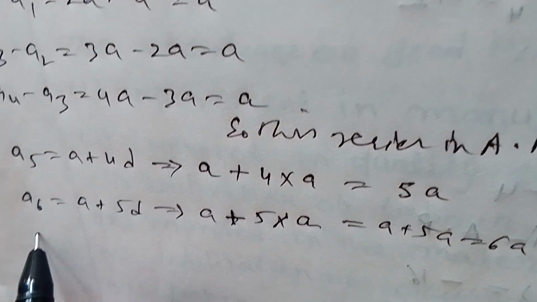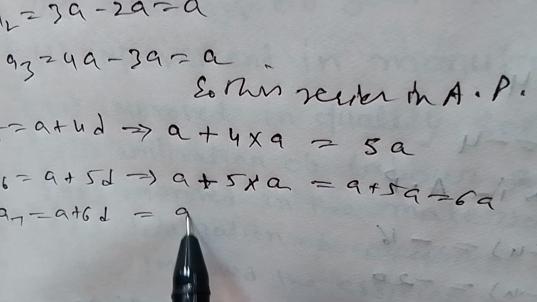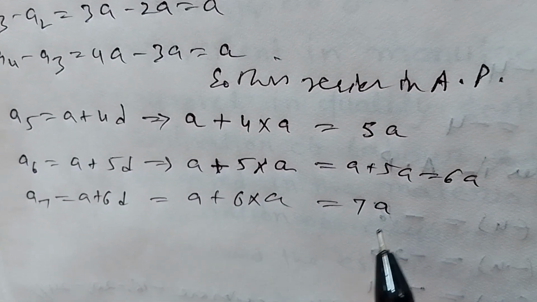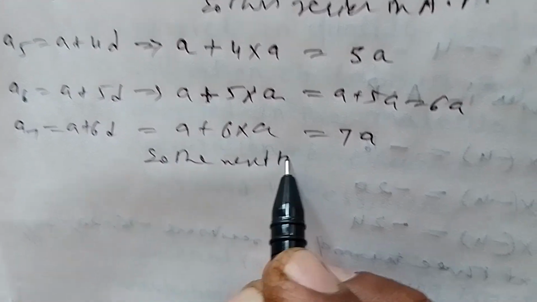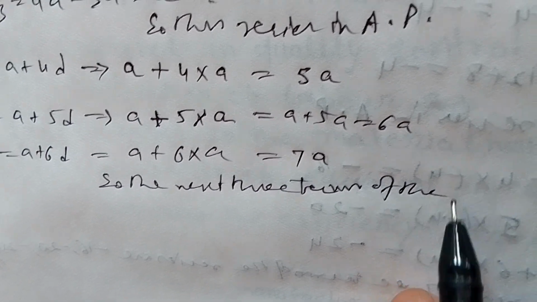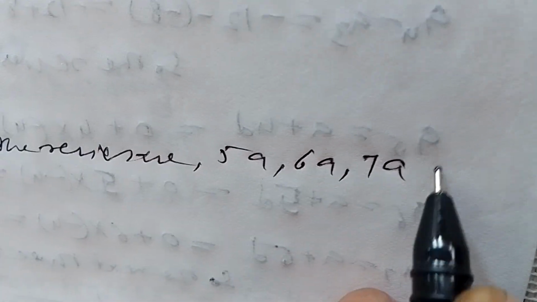Then A7 is A plus 6D, that is A plus 6 cross A, which comes out to be 7A. So the next three terms of the series are 5A, 6A and 7A. This is the answer of the 10th part of the question.